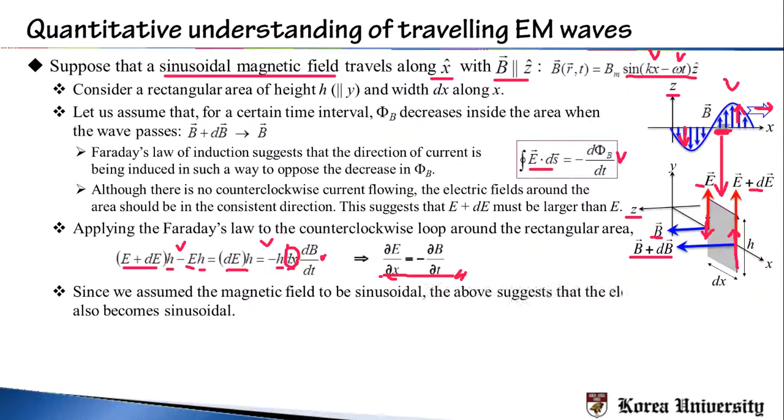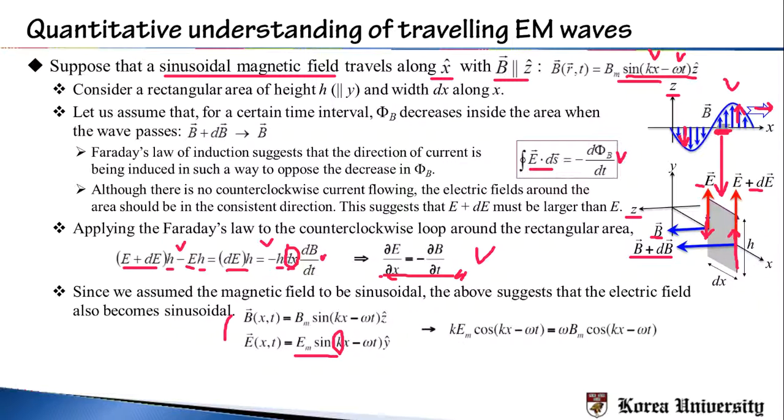Now what do we get? If we start with a sinusoidal magnetic wave, the electric field will also become sinusoidal, so let's put it back into the equation we just got. For the electric field, you take the positional derivative, so k, the wave vector or wave number, has to come out.